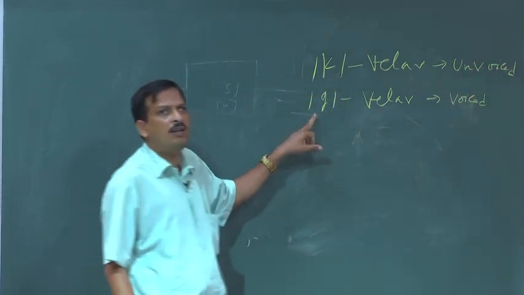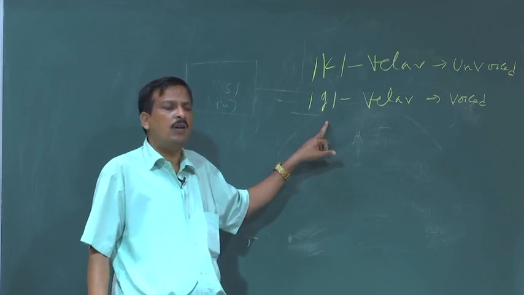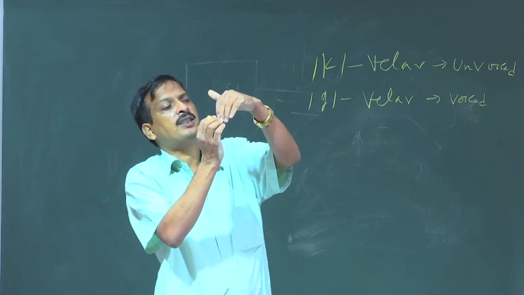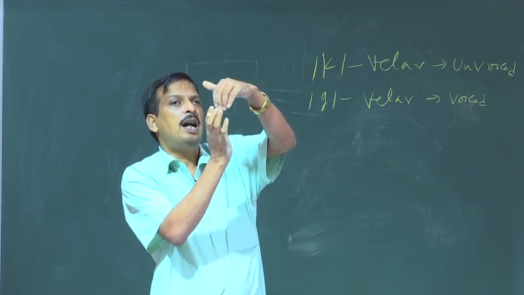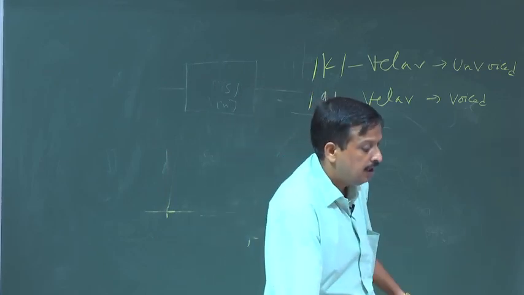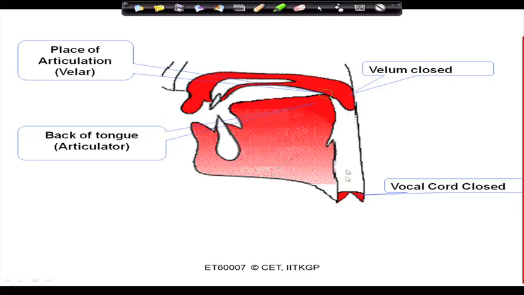Now, if you see physically, when a constriction happens in a tube, at the back of the tongue, the air pressure is building up. When the constriction happens, the air pressure builds up, and then suddenly it wants to burst.